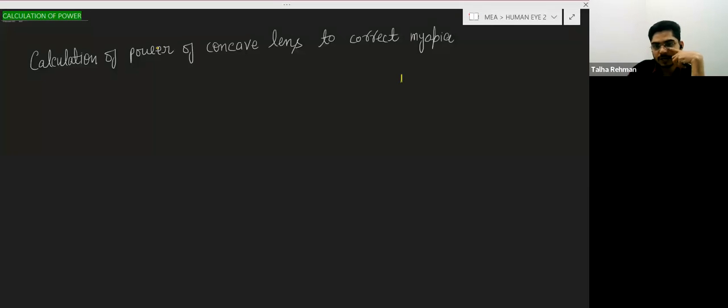This formula I think you should know: 1 by v minus 1 by u is equal to 1 by f. And this formula: power is equal to 1 upon focal length in meters. At least these formulas you should know.